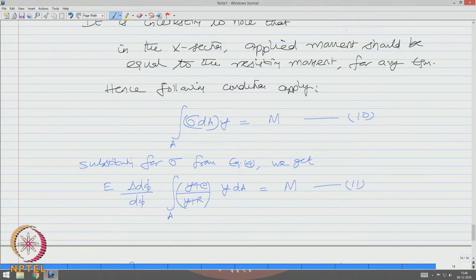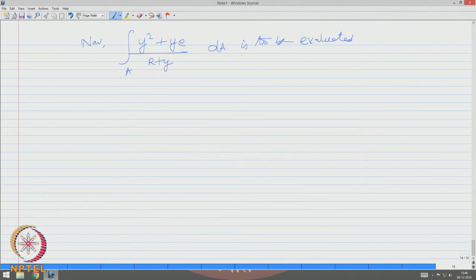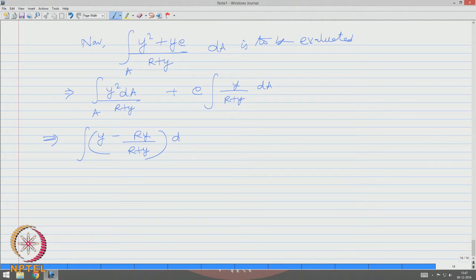Now you can see this expression is to be evaluated, which I simplify as integral of y squared dA by (r plus y) over A plus e integral of y by (r plus y) dA, which implies I can simplify this first integral as y minus r y by (r plus y) of dA.